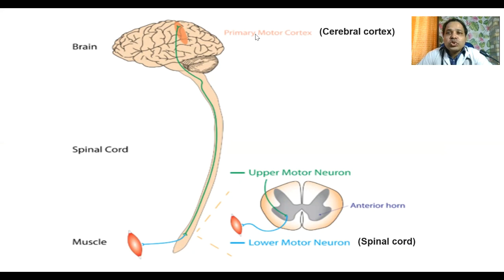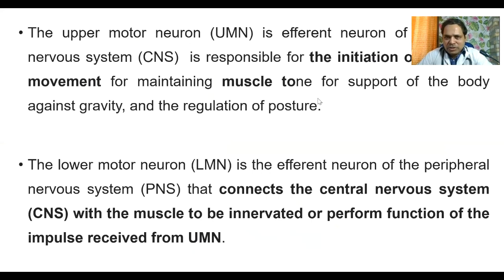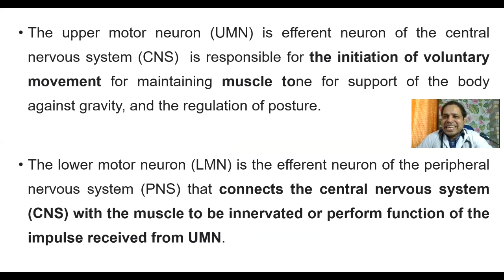But it is not true. The upper motor neuron is the efferent neuron of the central nervous system, which is responsible for the initiation of voluntary movement, for maintaining muscle tone, for support of the body against gravity, and regulation of posture. This is a general sentence.